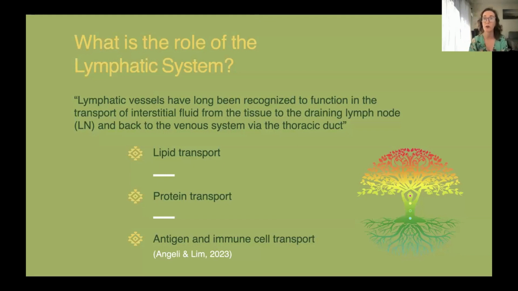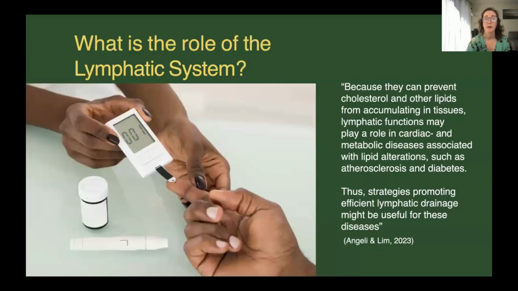So if there's too much fluid in the body, the bladder can eliminate it. In addition to moving fluid, it's also moving lipids, so fat cells. It's also moving proteins, and it's also responsible for antigen and immune cell transport.